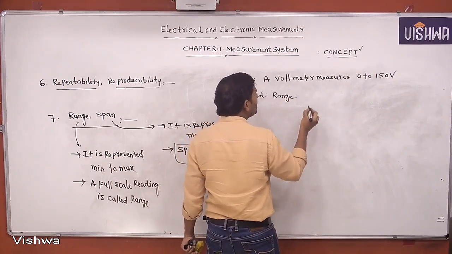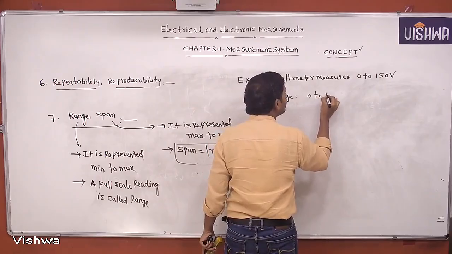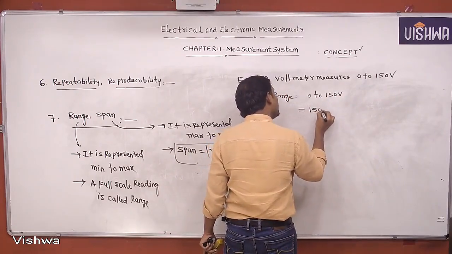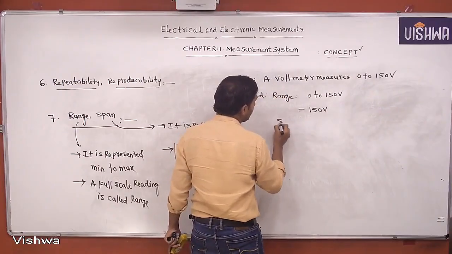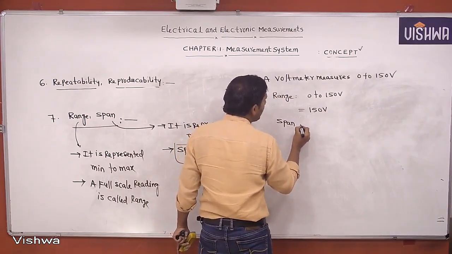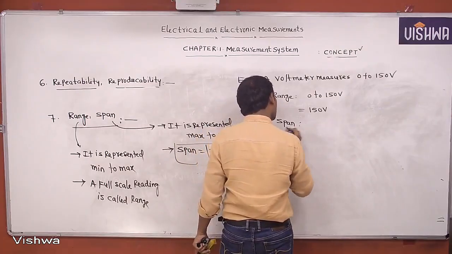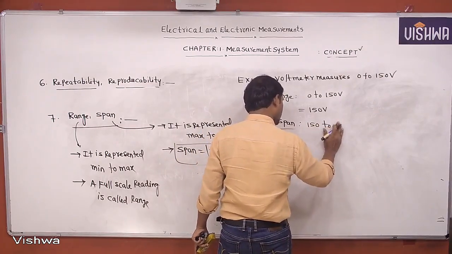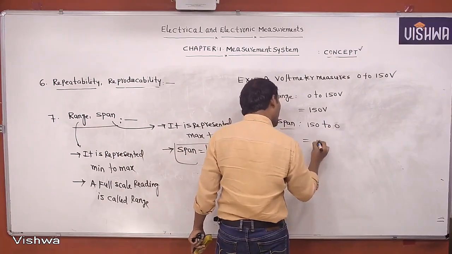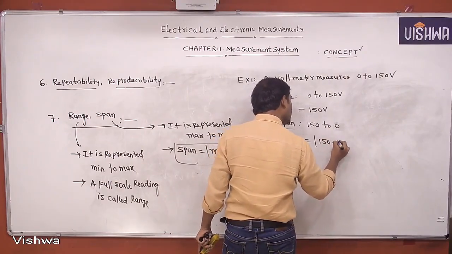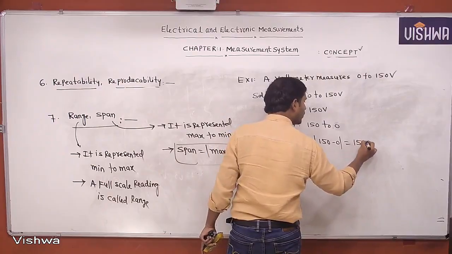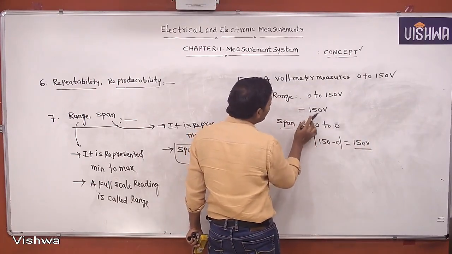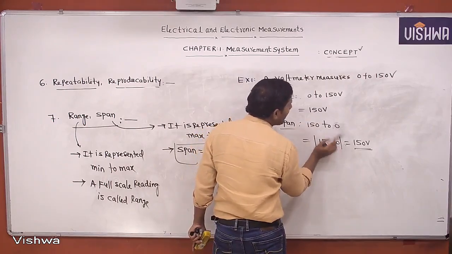As a representation, 0 to 150. Then what is the value? As a value, 150 volts. What is the span? As a representation, 150 to 0, maxima to minima. What is the value? 150 minus 0. How much do you get? 150 volts. As a representation it may be different, but here range equals span in value.